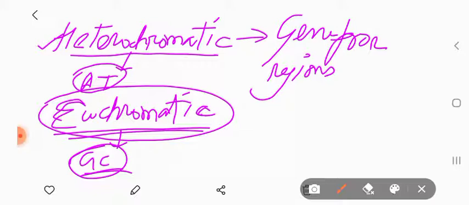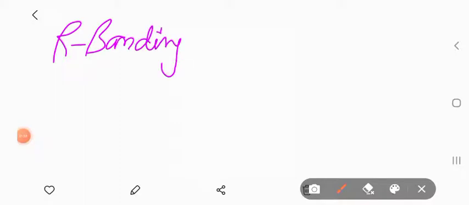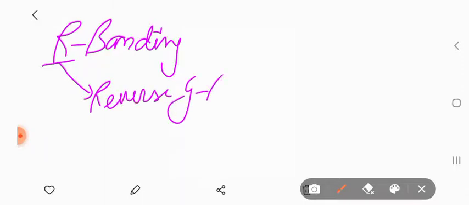R means reverse G banding. That means in R banding, it will do the opposite of G banding. In R banding, the euchromatic regions will stain highly, whereas the heterochromatic regions will stain lightly.